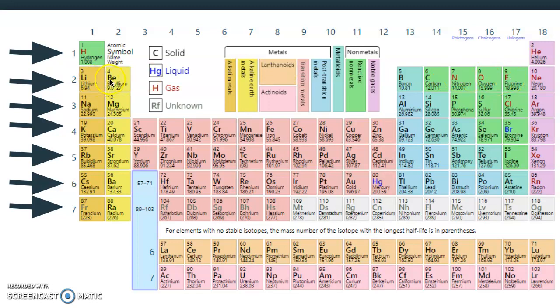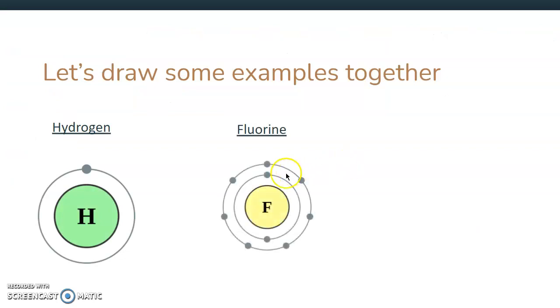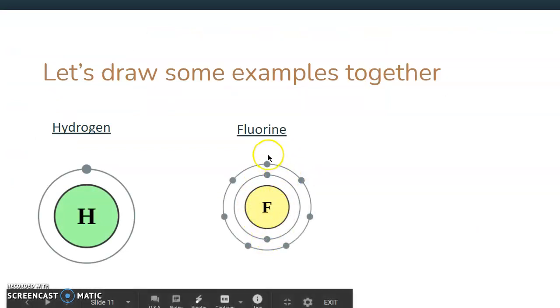So we're going to have 1, 2, 3, 4, 5, 6, 7 electrons in our second shell. So let's look at what that would look like. We have 2 on the inner shell because this is for our hydrogen and helium period, and then we have 1, 2, 3, 4, 5, 6, 7.